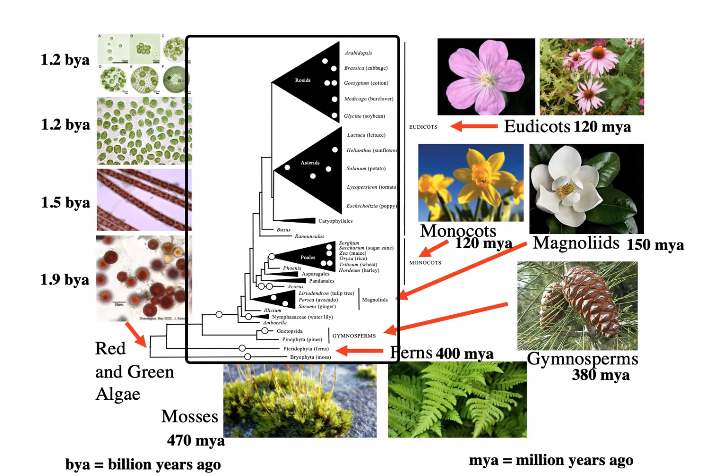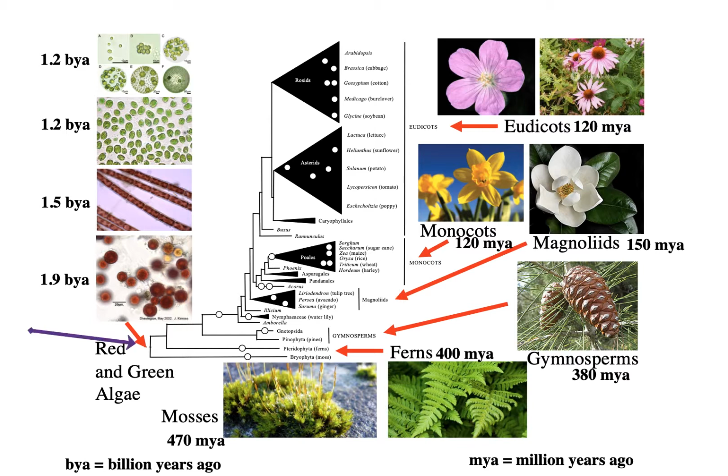So here you can see a phylogram, which starts about 1.9 billion years ago with red algae down here at the bottom, where you start to get cells that have gained a cyanobacterial endosymbiont that becomes a chloroplast. Some of those about 1.5 billion years ago become multicellular, and then about 1.2 billion years ago green algae appear, including multicellular green algae.